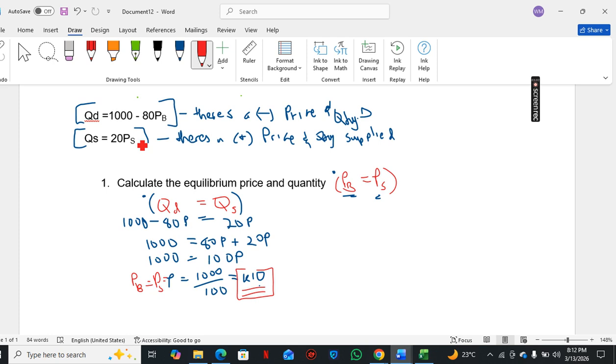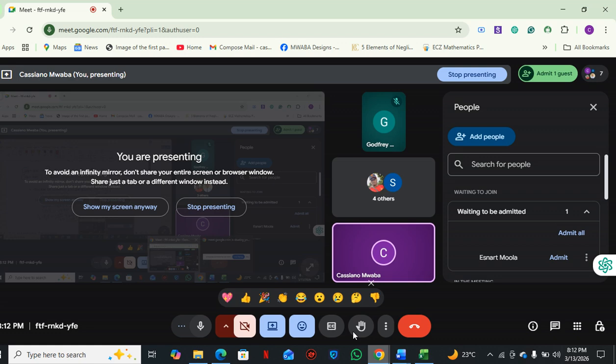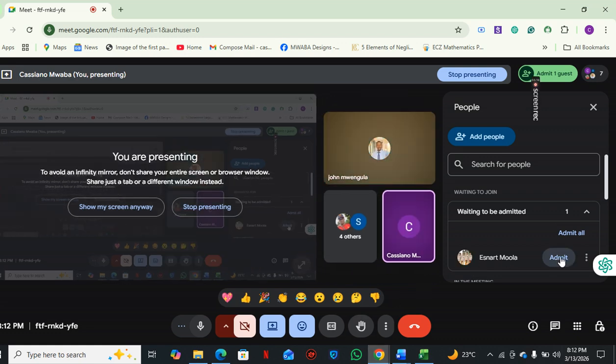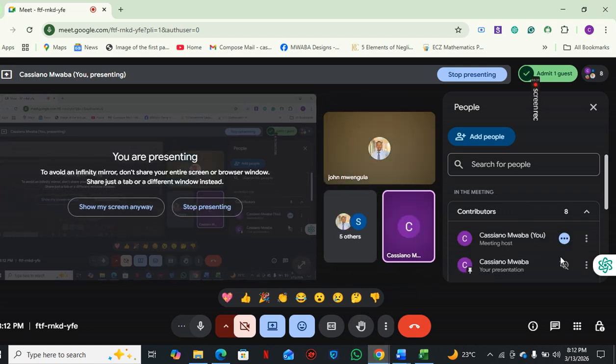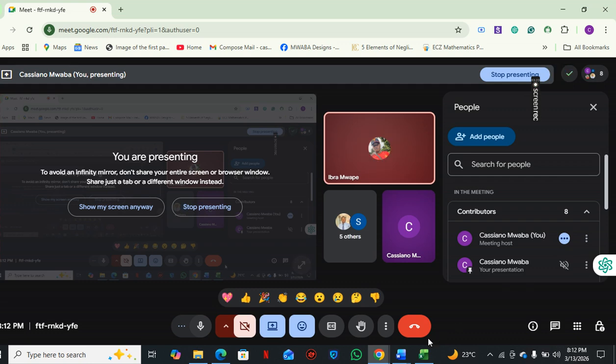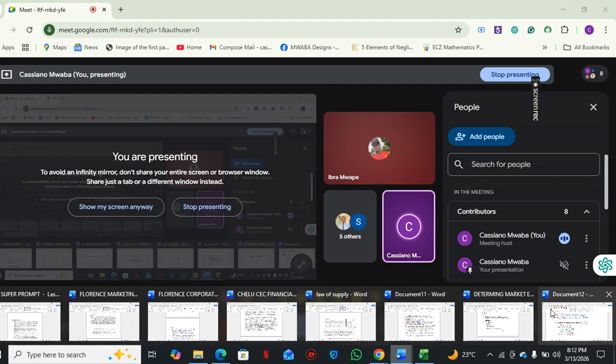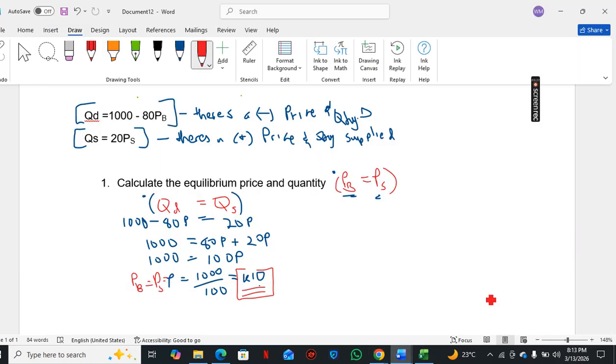If we substitute P equals 10 into the supply function or the demand function, what do we get? I'm actually getting 200. Okay, what about the others? Are we all getting 200?